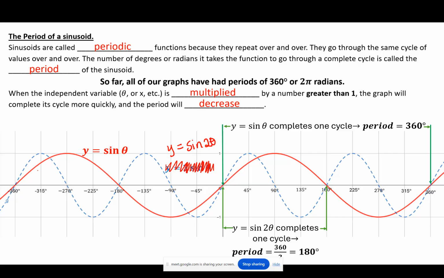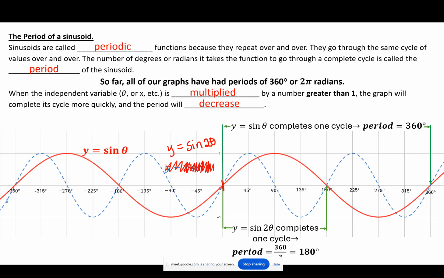So please fix that. As I was just saying, when theta or x is multiplied by a number greater than 1, the graph will complete its cycle more quickly and the period will decrease. What do I mean by that? That sounds confusing. All right. Normally, when you just have y equals sine theta, look at this red graph.